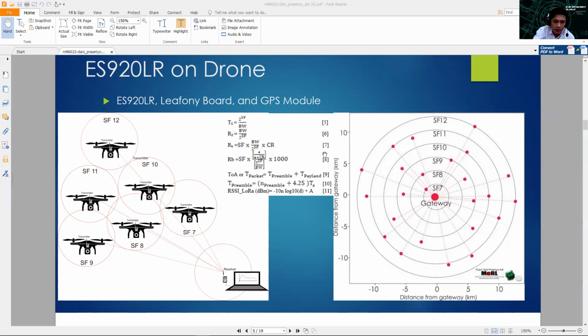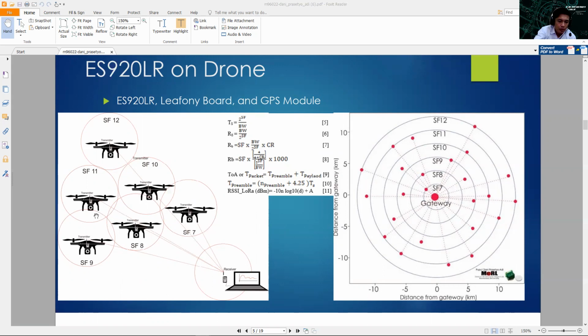And for RSSI LoRa, this uses dBm equal to minus 10 n log d multiplied by 10 plus A, and n is the environment. So if the communication uses transmitter and receiver on the line of sight, we use n is 2, and this is an example.